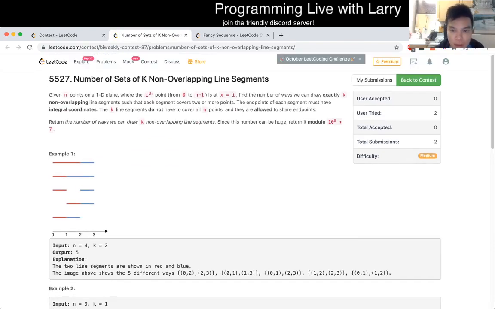Silly mistakes. Non-overlapping line segments.